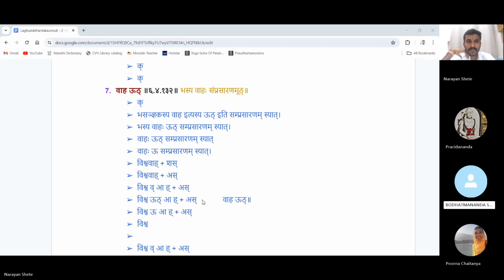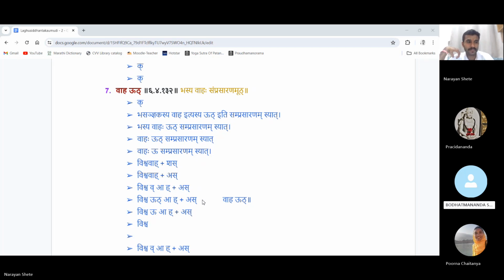So there, Hasya Udha, that sutra will come. No, Swamiji, this sutra will not come there. No, because Samprasaranam is there. Samprasarana is there, but this sutra, what? It is just Hasya Dha, Odha, because any akaranta dhatu, right?